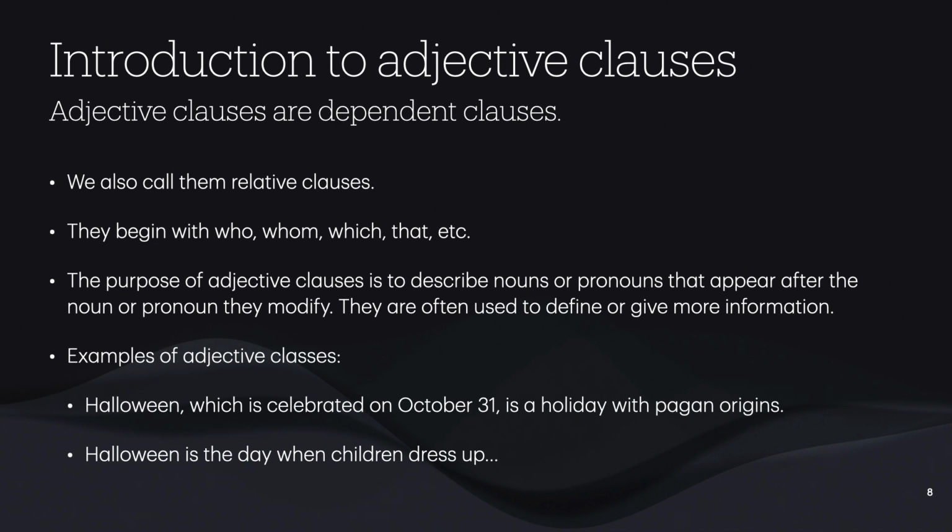They are often used to define or give more information. Examples of adjective clauses: Halloween, which is celebrated on 31st October, is a holiday with pagan origins. Halloween is the day when children dress up.